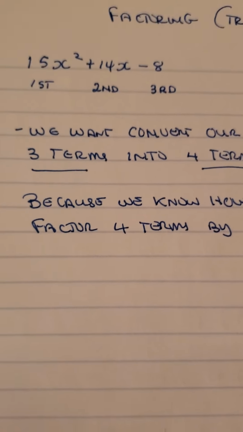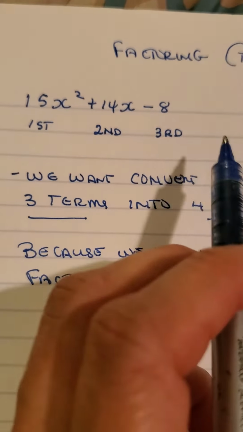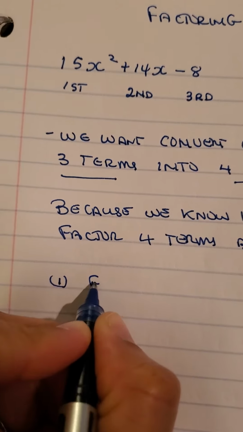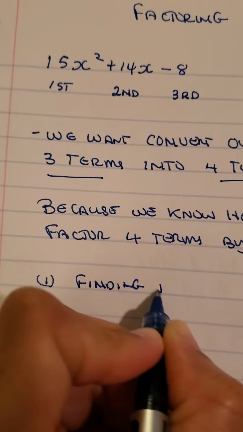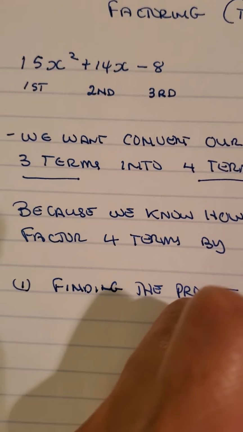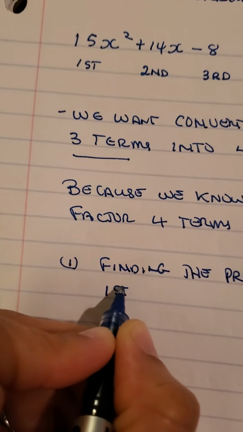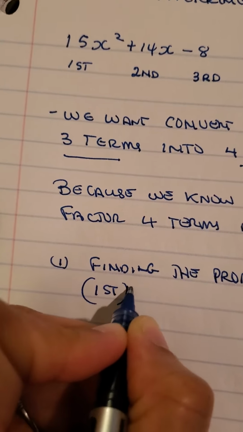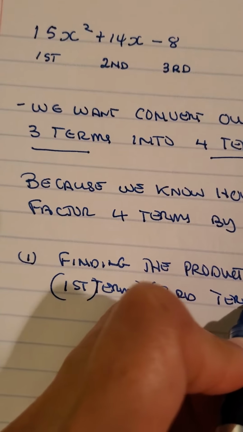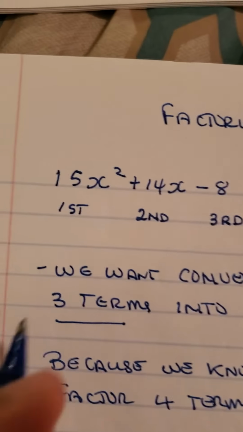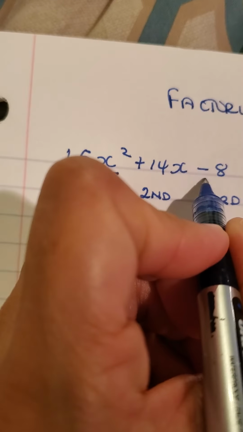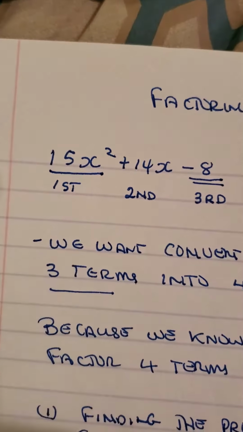So how do I convert my three terms into four terms? We do that first by finding the product of the first term and the third term. So I'm going to find the product of 15x squared and negative 8, right?